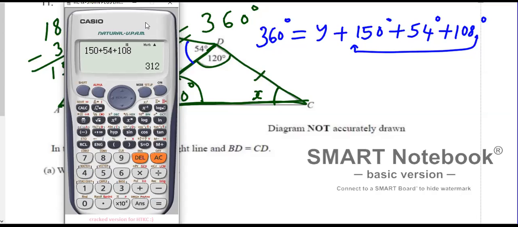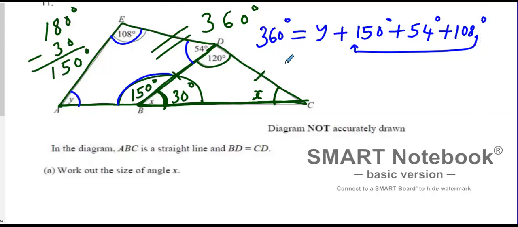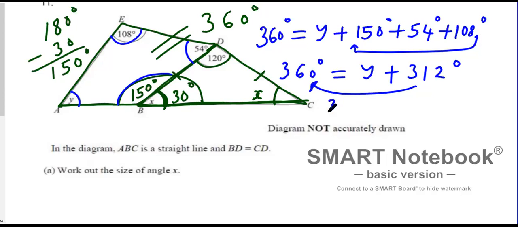The answer is 312. So you do 360 degrees equals Y plus 312 degrees. To get the value of Y, this 312 will be subtracted from 360 degrees.